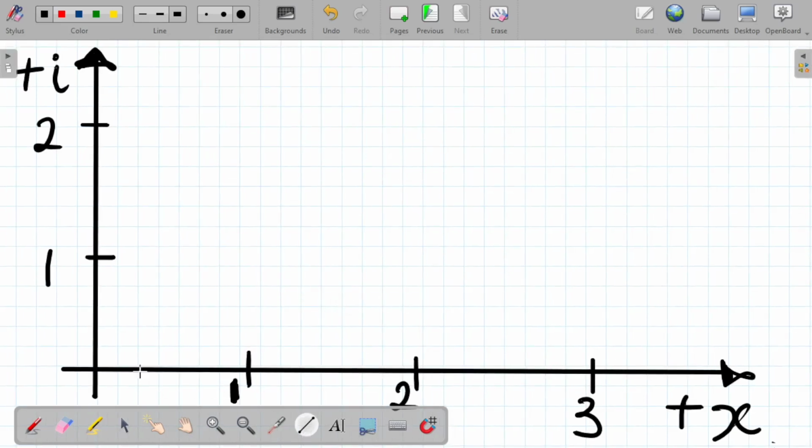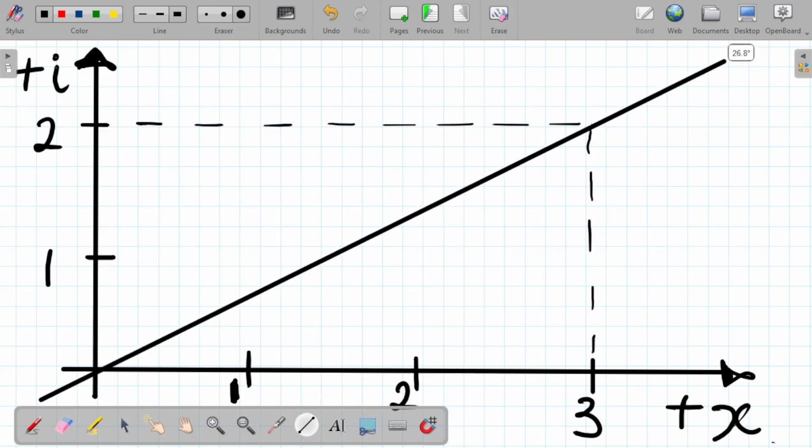So let's trace it. So here this is 2, and then this is 3. So now let's draw the line that cuts across.